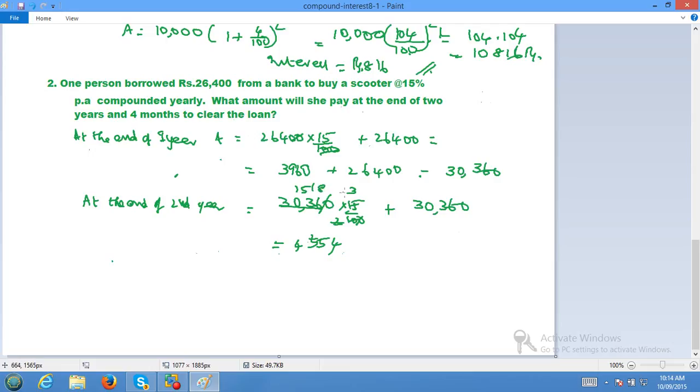You multiply: 3 eights are 24, and so on, and we get 4,554. So 4,554 is the interest. The first principal is 30,360. You add these two, we get 34,914.